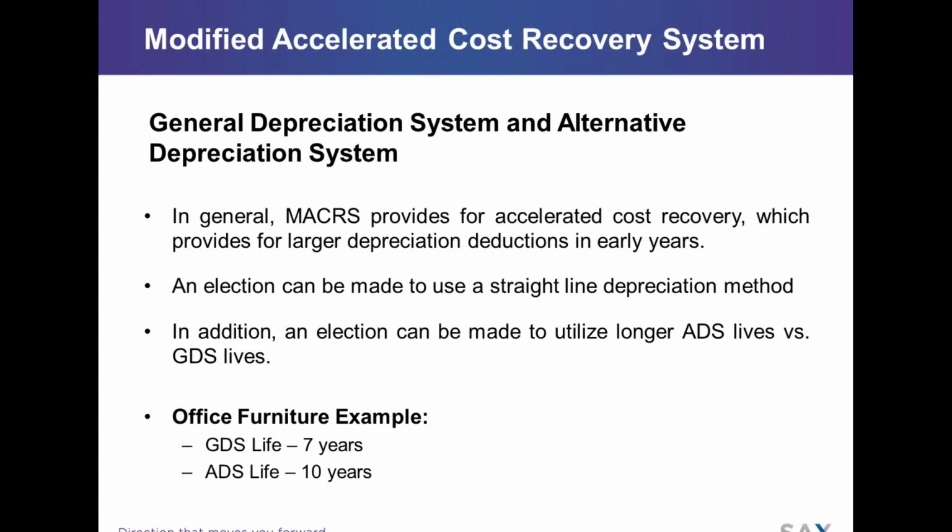For example, your office furniture, under normal tax depreciation, the GDS life is 7 years. But you can make an election under ADS to use 10 years. So if you know you're going to have losses, or anticipate you have NOLs that you can utilize, it's a good way to spread the cost of your depreciation out so you're not building up NOLs for no reason.